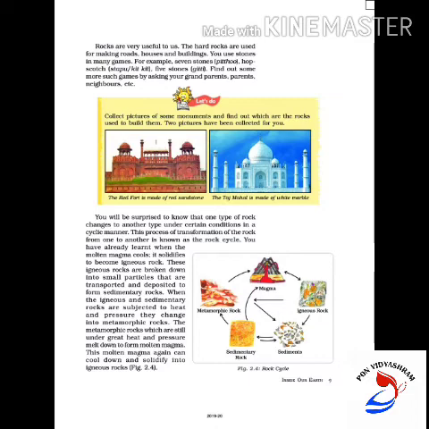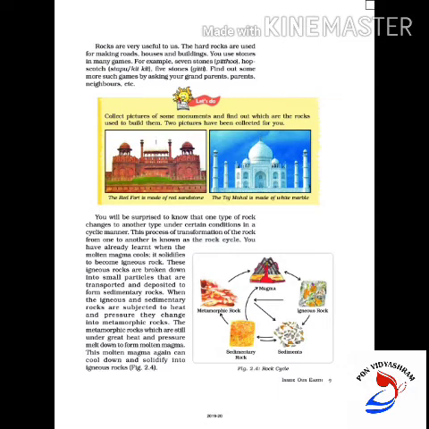You will be surprised to know that one type of rock changes to another type under certain conditions in a cyclic manner. This process of transformation of rocks from one to another is known as the rock cycle. You have already learned when the molten magma cools, it solidifies to become igneous rock.